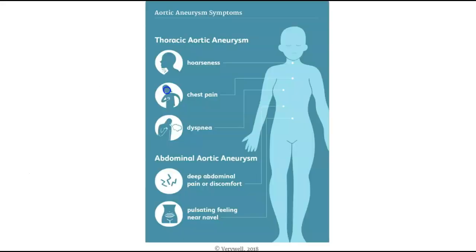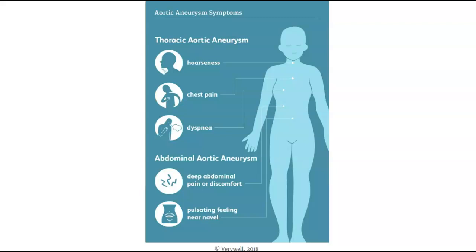So let's shift gears into aneurysms. What your book really concentrates on is abdominal aortic aneurysms. You'll hear them called AAA. This is just a quick overview of some of the signs and symptoms that patients will complain of. Remember, if there's a pulsating feeling in the abdomen, we don't want to be palpating that, because if this aneurysm ruptures, it is a life-threatening medical emergency.